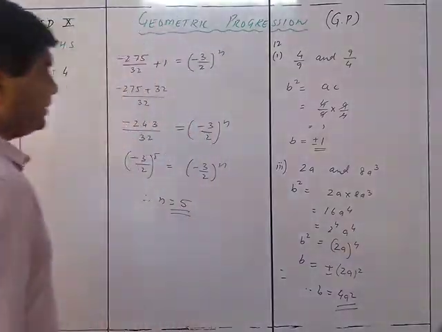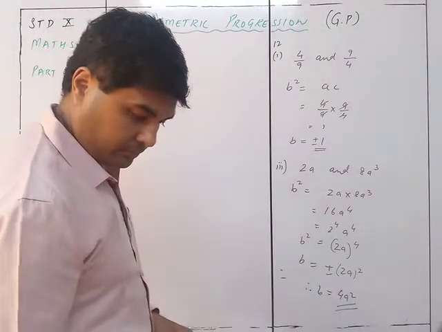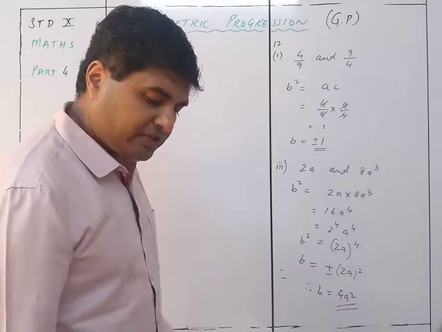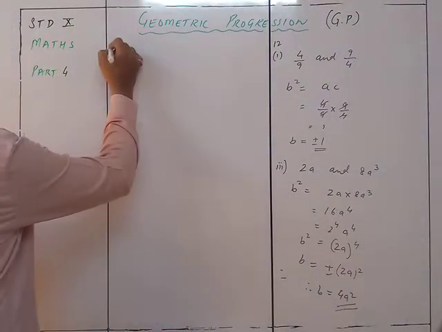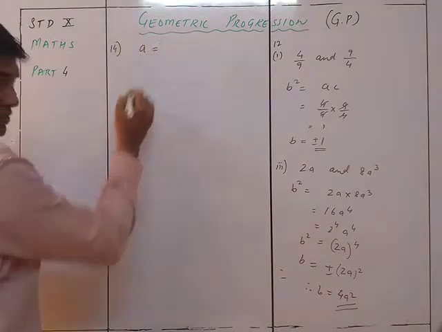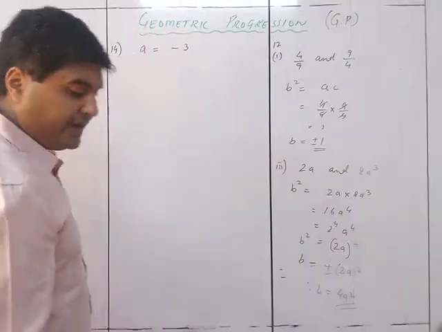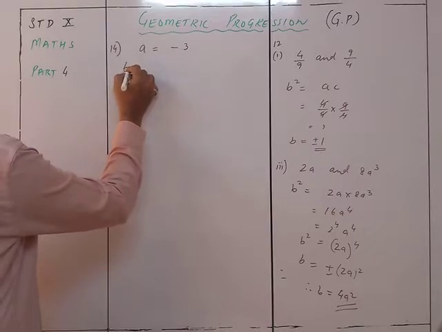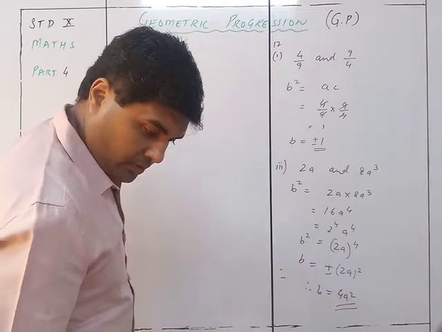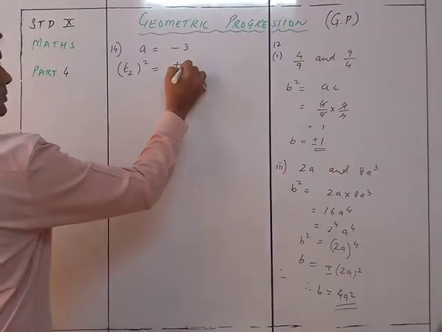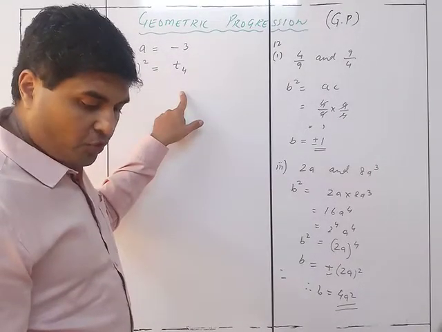We now move on to sum number 14. The first term of a GP is minus 3 and the square of the second term is equal to the fourth term. So sum 14 is this way: a is given to you as minus 3, and they are given that the square of the second term, T2 the whole square, is equal to the fourth term, T4.